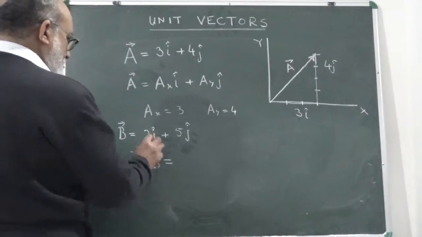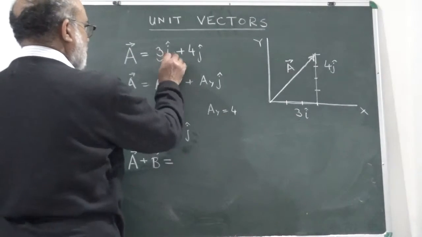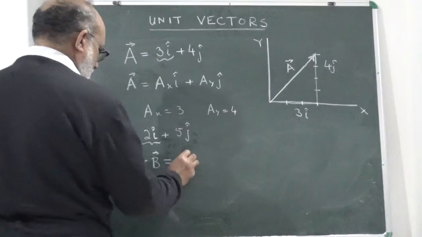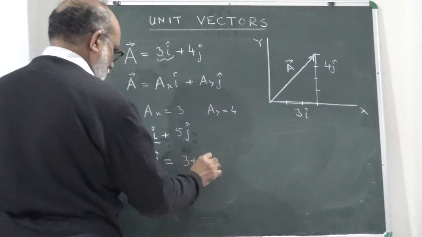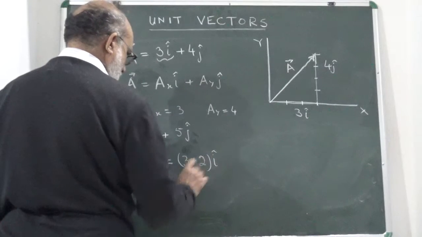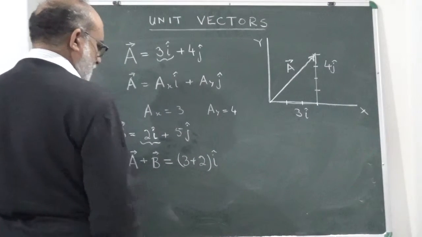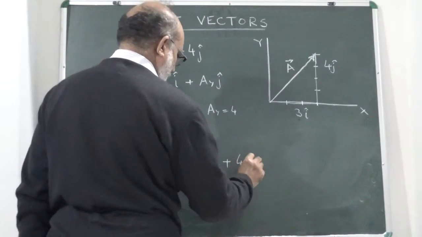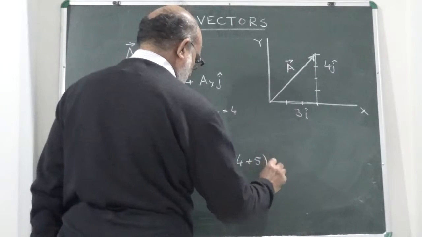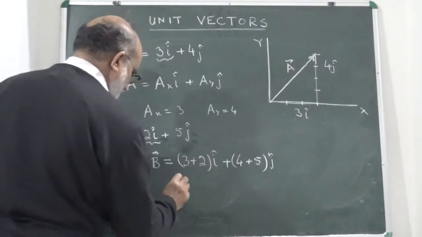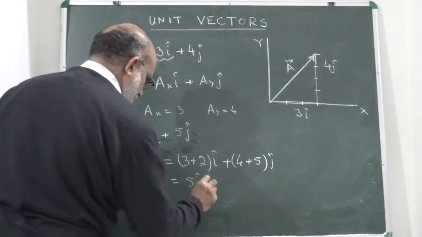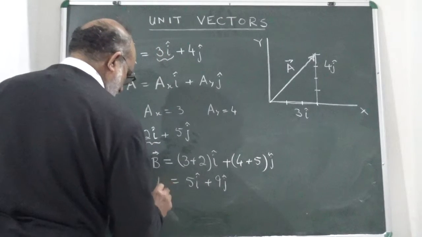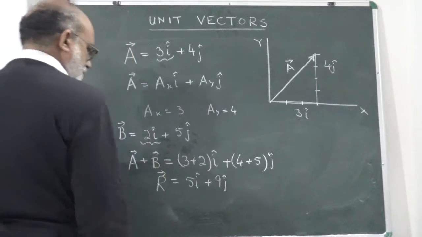So here we have the components already given. The sum of the x components is 3 plus 2, which gives the x component of the resultant vector, and 4 plus 5 for the y component. So this is 5i plus 9j, and this is your resultant vector A plus B.